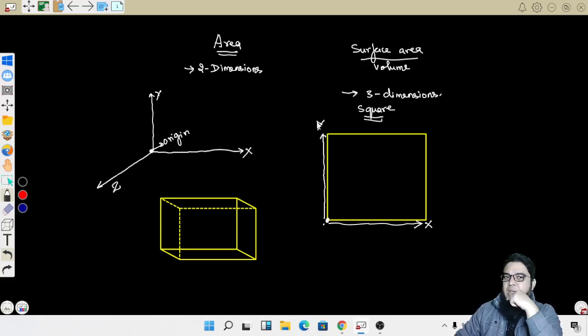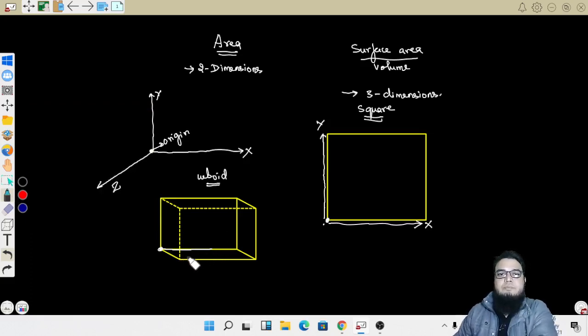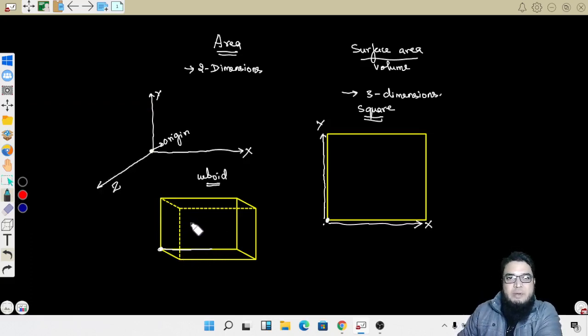Understood? But if you will see the cuboid over here, what will happen? It is covering what? See, let us take this as an example, so that you can visualize it very easily. That is more important. Okay, let me draw.